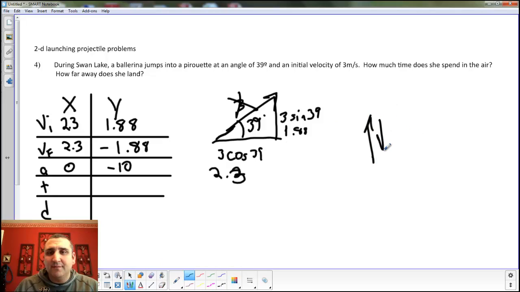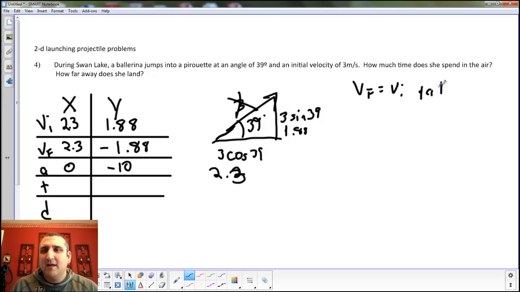So that's our velocities. We need to figure out the time now. And the easiest equation I can think of, if you have an initial and a final velocity and an acceleration to figure out time, is VF equals VI plus AT. -1.88 equals 1.88 plus -10 times time.